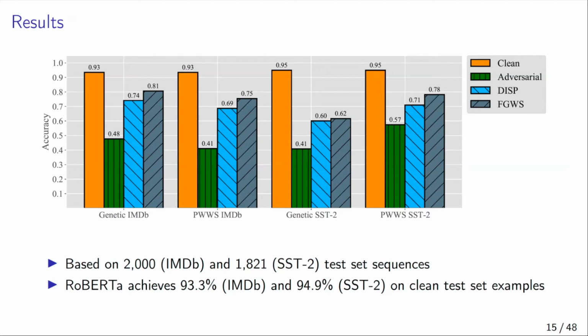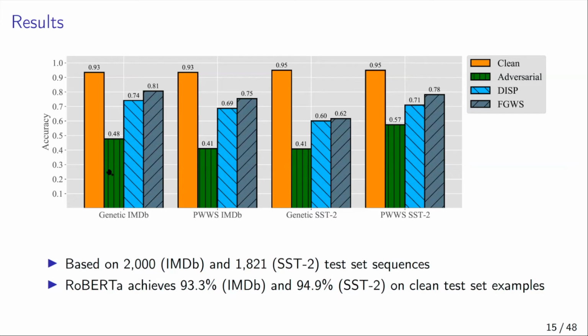And what we're interested in is, of course, to restore this accuracy as much as possible by introducing our mechanisms. So if we compare these values between this column here in blue, and then we have the gray one, which corresponds to FGWS, we can see that both of these methods restore accuracy to a certain extent.